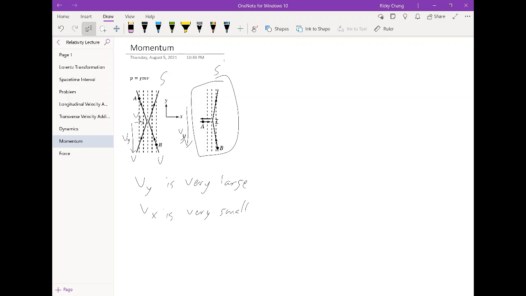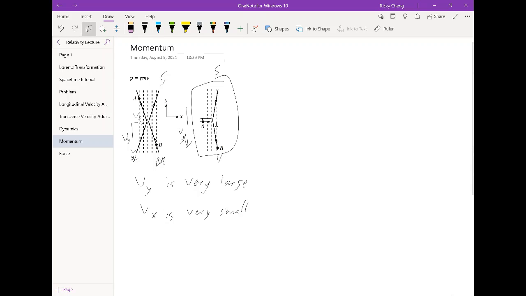Suppose that B is moving with a very high velocity, let's just call it v.